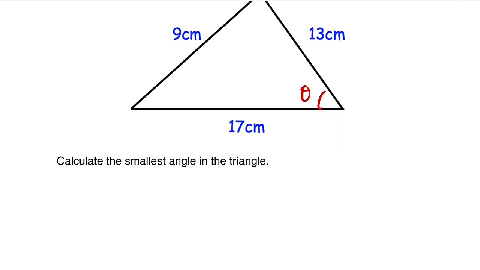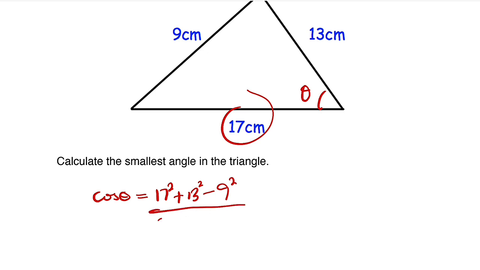I'm not going to solve it for you, but let me write down the formula for you. You should know that cosine of that angle must be equal to 17 squared plus 13 squared, these two other sides, then minus that side, which is 9 squared.